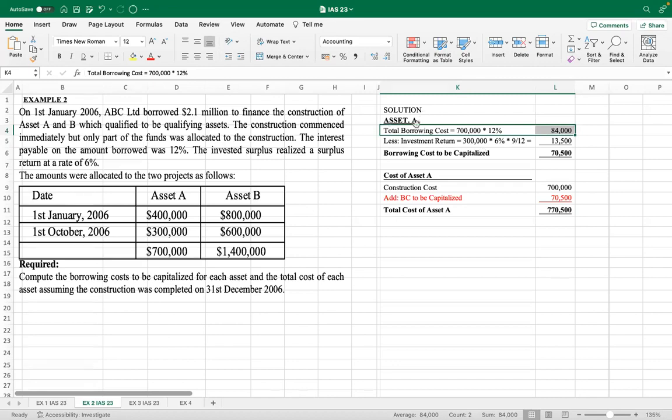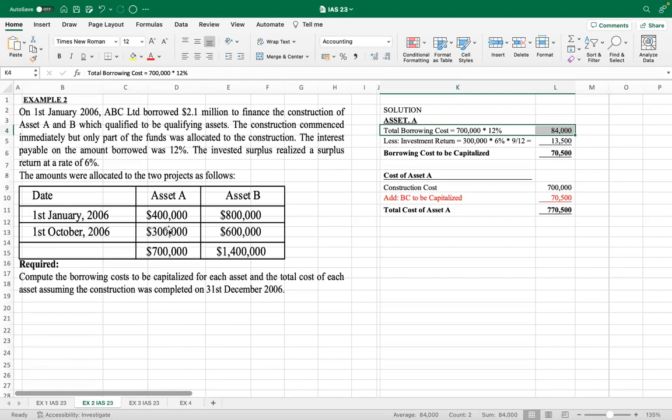Now there is a question I was asked here. Out of this total of 700,000, we only used 400,000 at the beginning of the year. On 1st January 2006, we spent only 400,000. So 400,000 was used immediately.